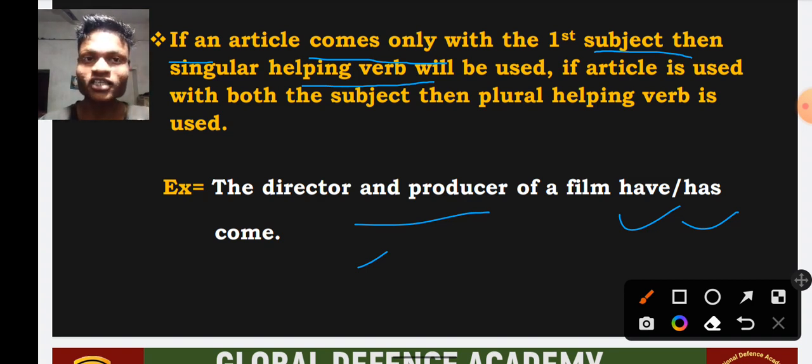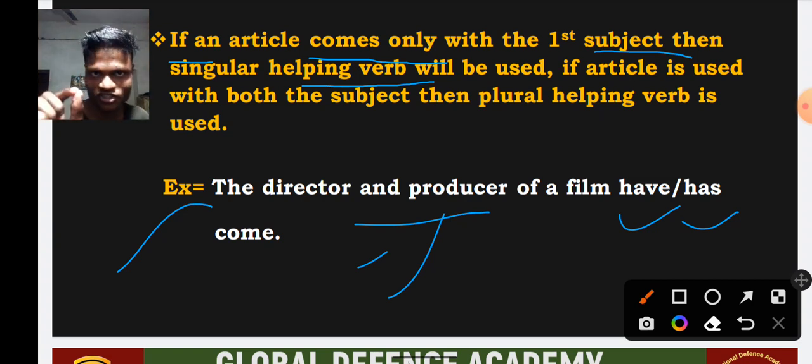The director and producer. What I was saying a few seconds ago, if an article is used with one subject, then a singular verb is used. What does it mean? It means the director and producer is the same person.